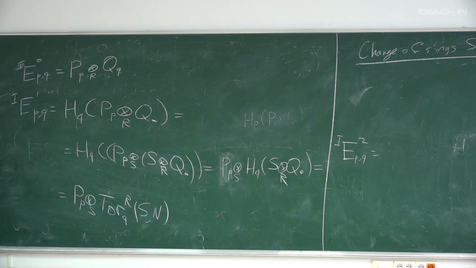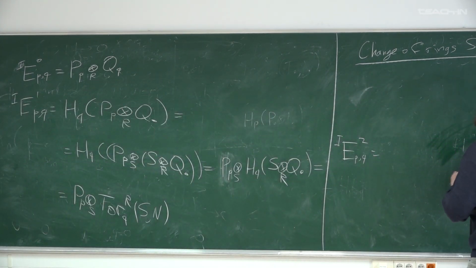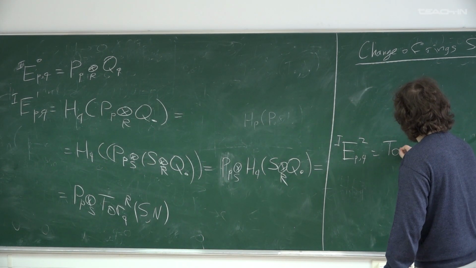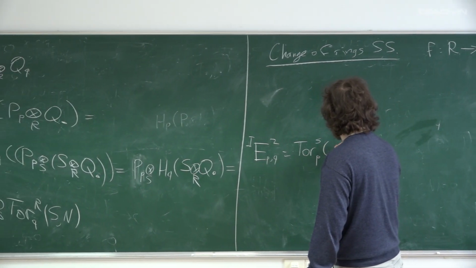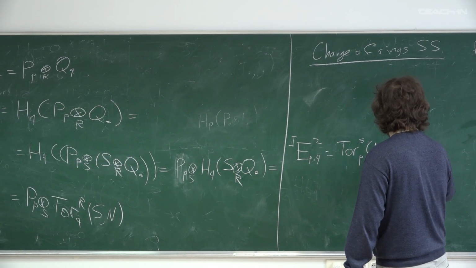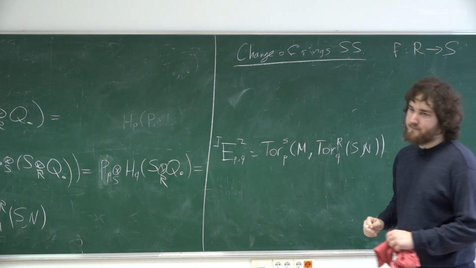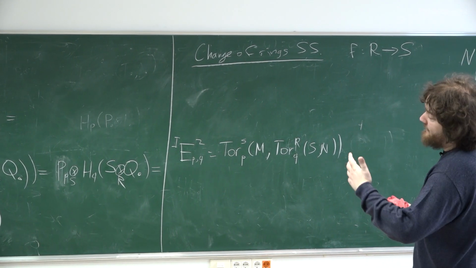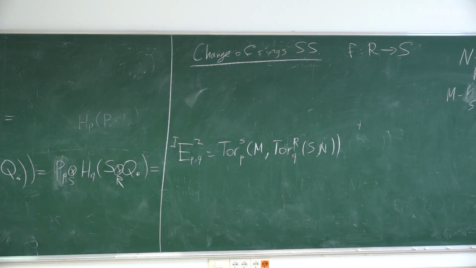It's Tor over S between M and this S module: Tor over S between M and Tor Q over R of S and N. That's the second page. Okay, that's all I needed from the first spectral sequence. Let's calculate the second one.